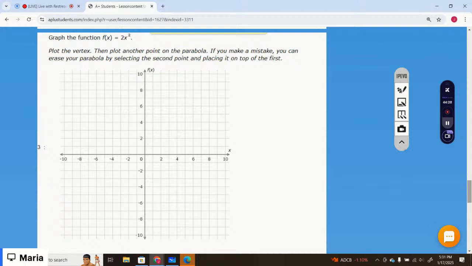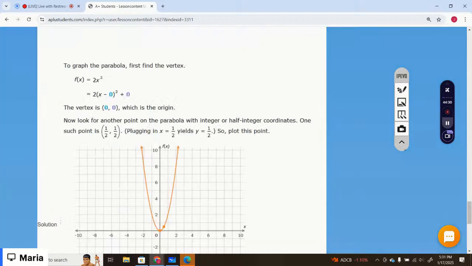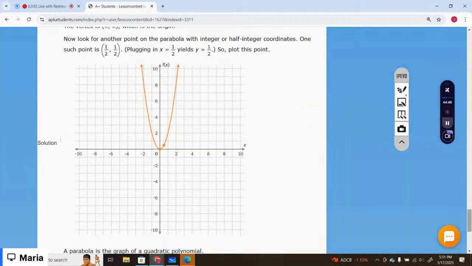The vertex of the graph is again 0, 0. You can see here, right? So now you have a point that is you can put x equals 1 by 2. So then y is also equal to 1 by 2. So you have a point 1 by 2 and 1 by 2. So join the vertex and the point and make the parabola.